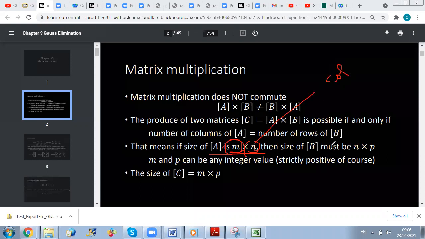Then the size of B should be of the form n times p, where n represents the number of rows. So the number of columns of the first is equal to the number of rows of the second.